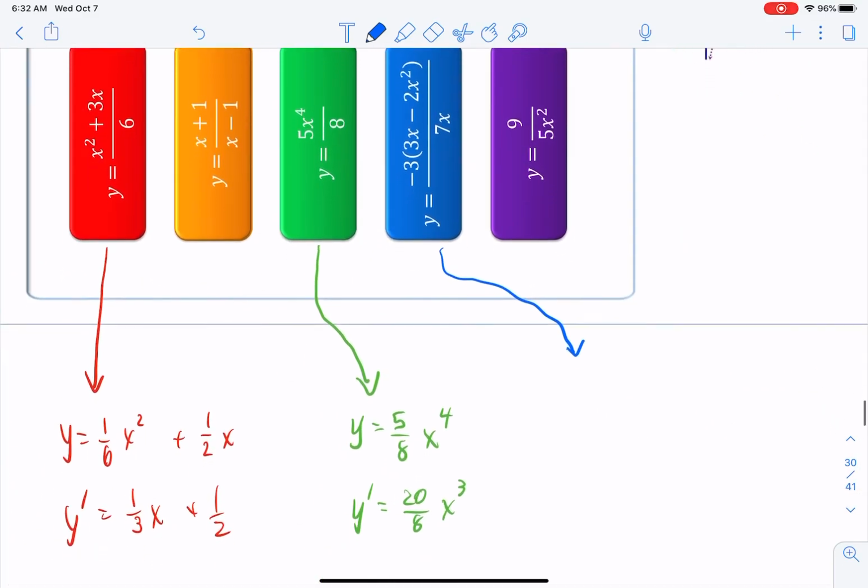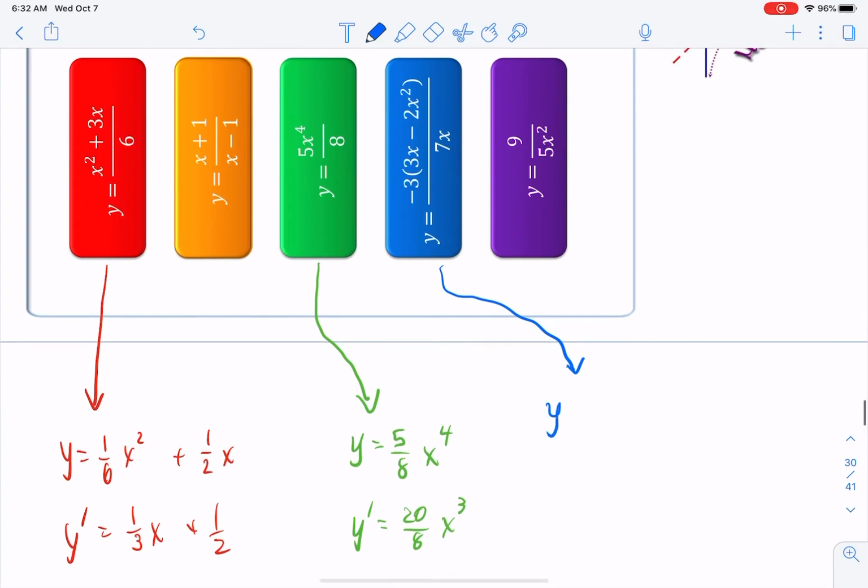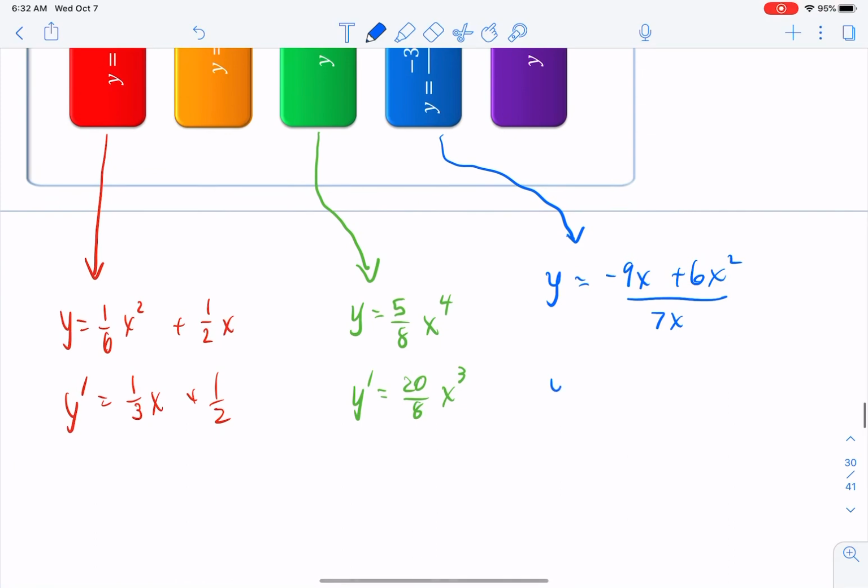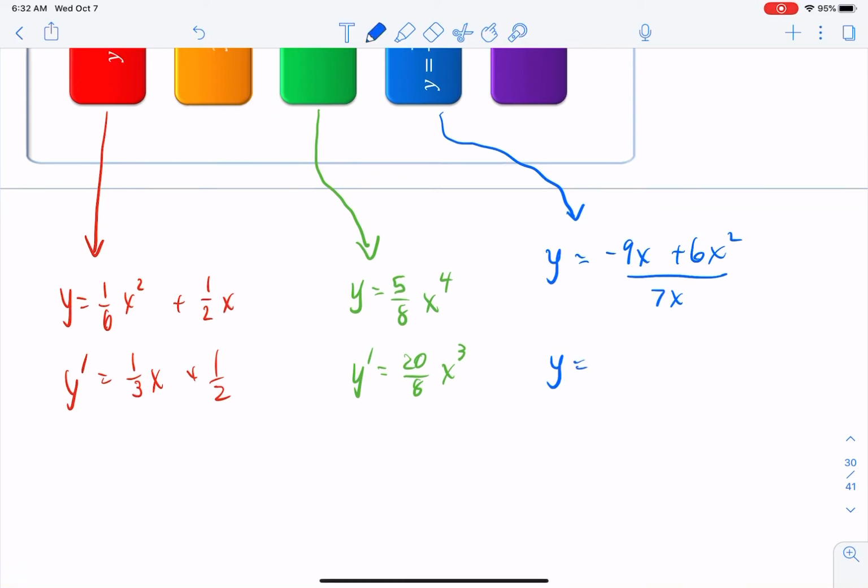Okay, anyway, if I rewrite this, distributing the -3 through the top, I would have a -9x, and then a positive 6x squared, and then I'm dividing this by 7x. Well, we have the same exact denominator, or variable, so we can subtract our exponents. It's going to make some fractions, but those are going to be super easy to deal with.